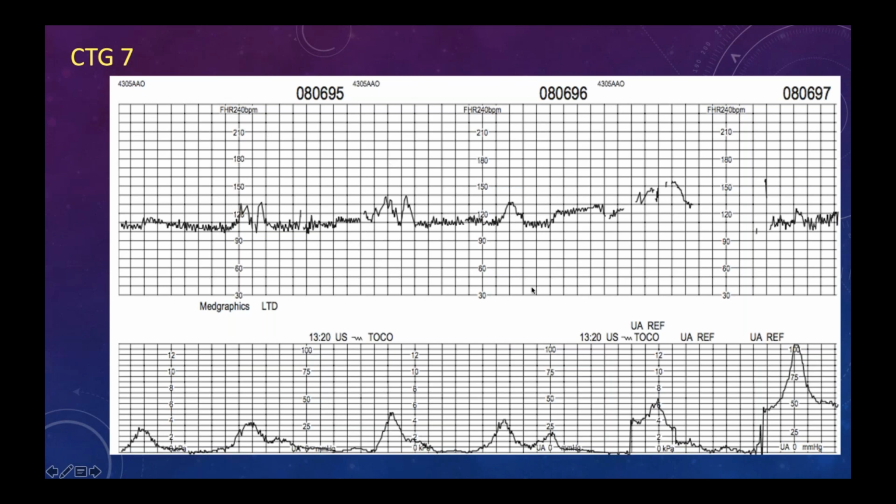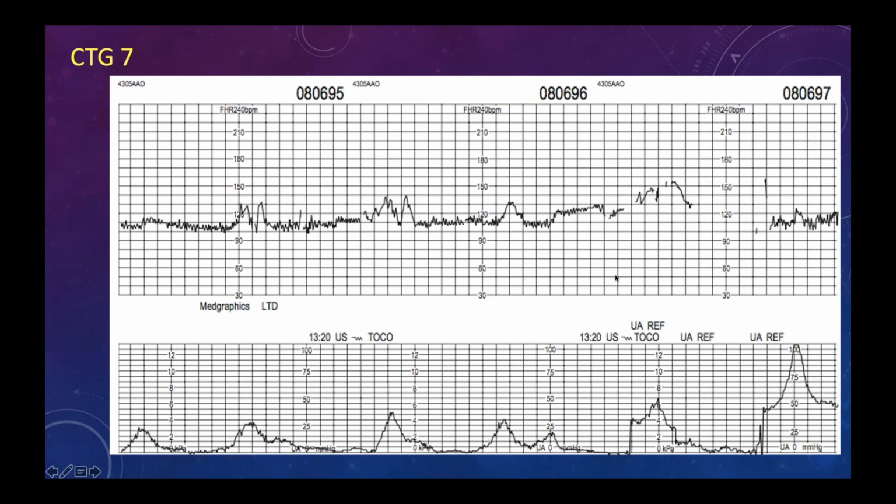This is the intrapartum CTG. In this CTG, baseline heart rate is 110 beats per minute, and variability is about 5 to 10 beats per minute, and there are accelerations present.